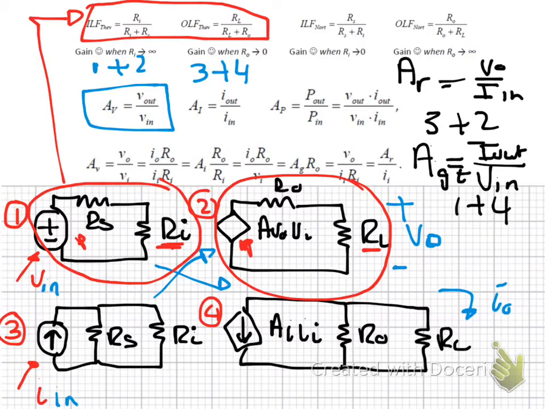And for your current stages, it's a current division. It'll be how much current is delivered here versus this input current here.